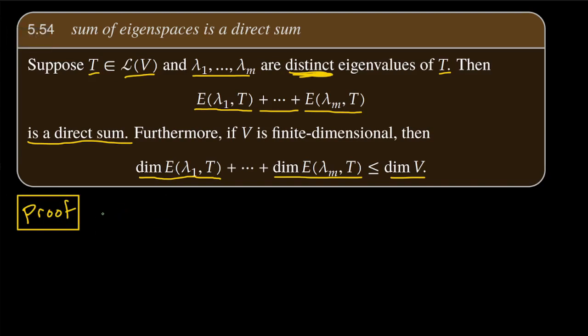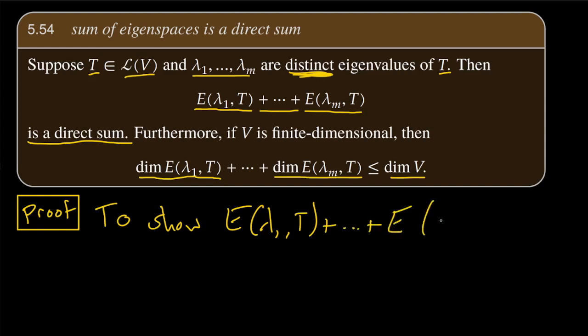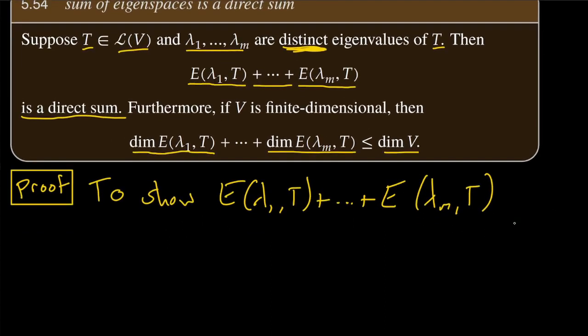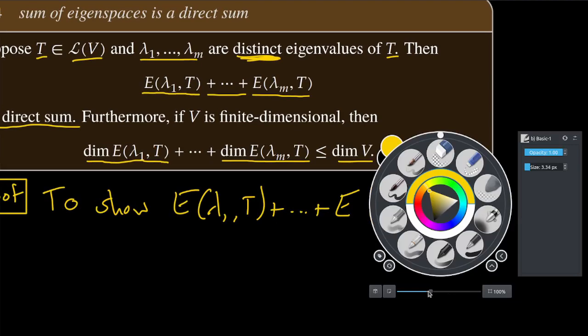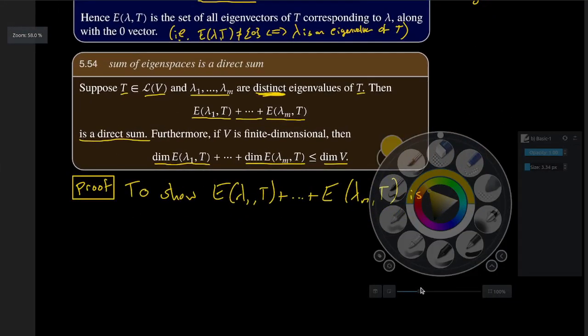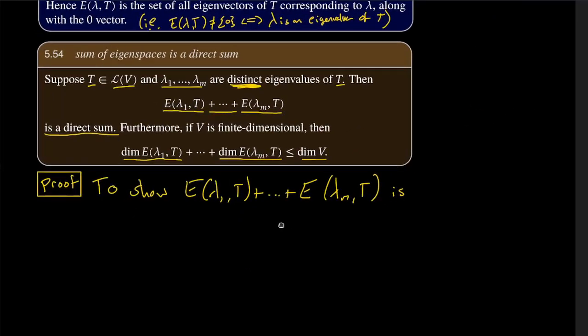So, to show E lambda 1 T plus dot dot dot all the way down through E lambda m T, that is the sum of these eigenspaces corresponding to distinct eigenvalues of T, is a direct sum, I'm going to zoom out a little bit to give myself more room to write.